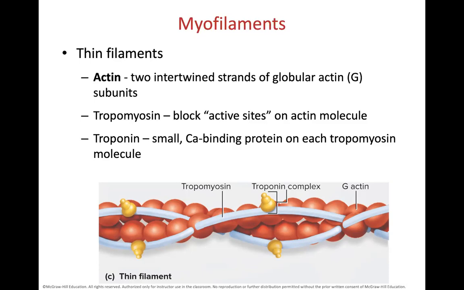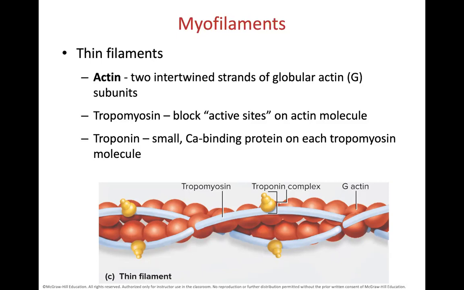Actin also has a couple other special pieces on top of it, called tropomyosin and troponin. Again, two really similar sounding terms. This bluish white strand here is tropomyosin. It is essentially covering what are called active sites on the actin.